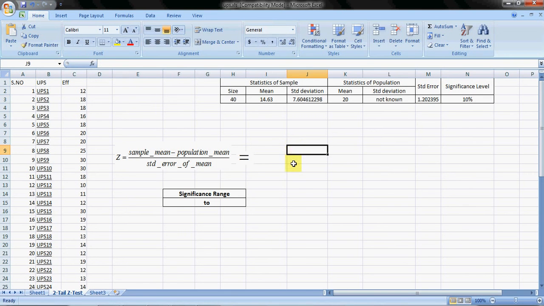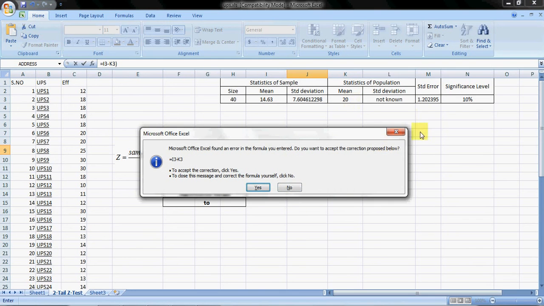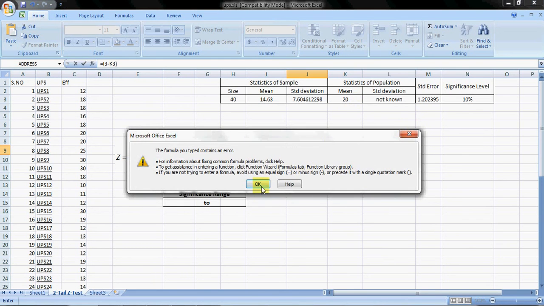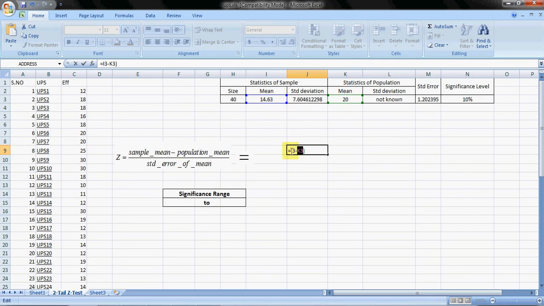Say for example here you want to put equal to sample mean, here is the sample mean, minus population mean. What is this? The claim. So just, okay. So this is the general error we can have while putting up a formula.